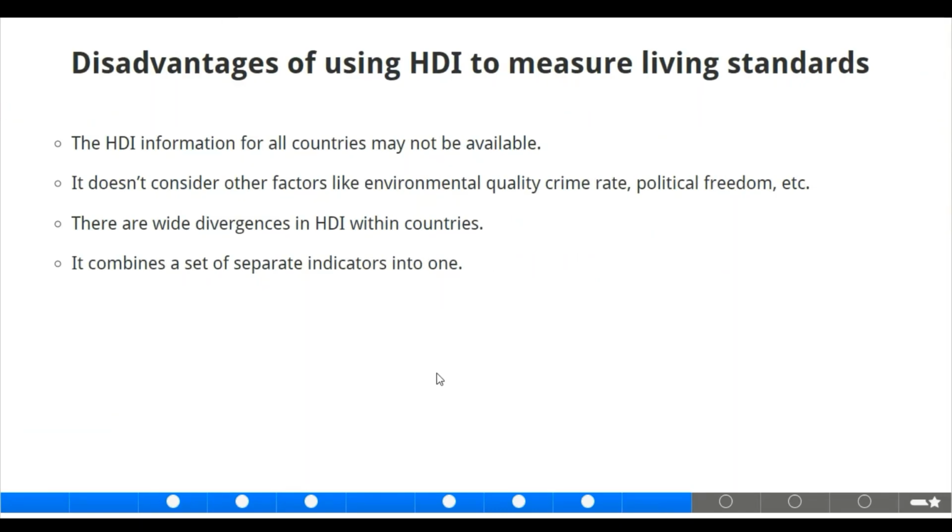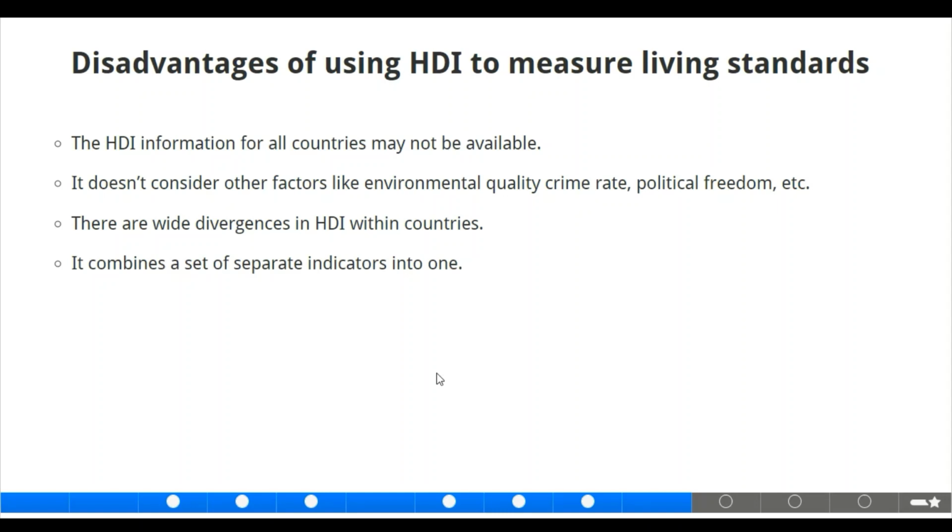Moving to the next slide, we now have the disadvantages of using Human Development Index to measure standard of living also. Now, the HDI information for all countries may not be available. Of course, I said that earlier. It may not be available because data validation has been disrupted. Now, it doesn't consider other factors like environmental quality, crime rate, political freedom, and access to safe drinking water.